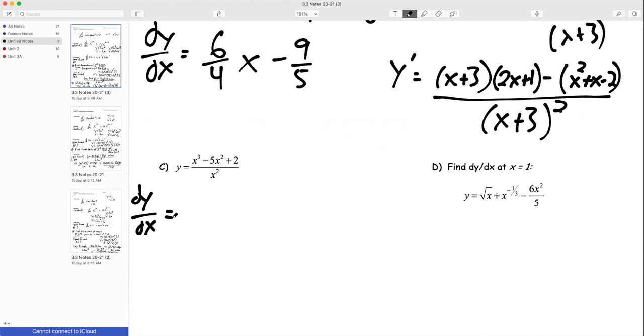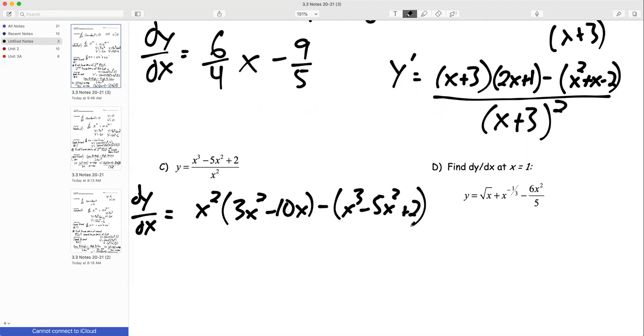So dy dx is going to be low x squared, D high, derivative of x cubed minus 5x plus 2, which is 3x squared minus 10x, minus high times the derivative of the low part, which is 2x, over low squared, x squared times x squared gives me x to the 4. Okay, that's one way to do it, and that's fine.